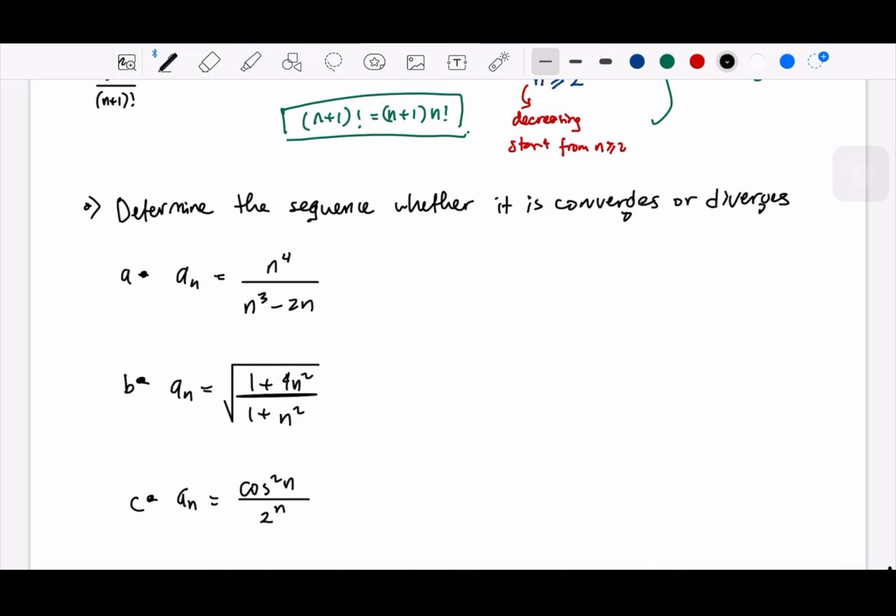What do you think about the first sequence? Just looking at it at a glance, if you know, you can tell in seconds that this will be divergent. Yes, divergent. Do you know why?